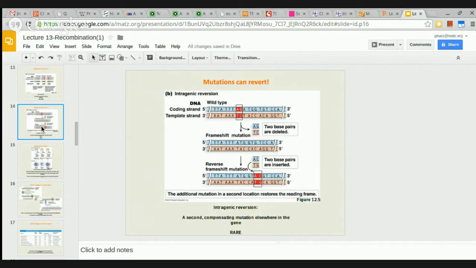Plus one, minus one, we're recreating the frame. And that would not be a true revertant. We're not recreating the wild type sequence. We are compensating for the first mutation with another mutation. In that particular case, it's in the same gene. It's called intragenic reversion.